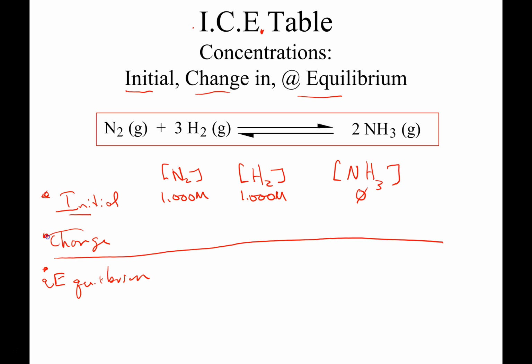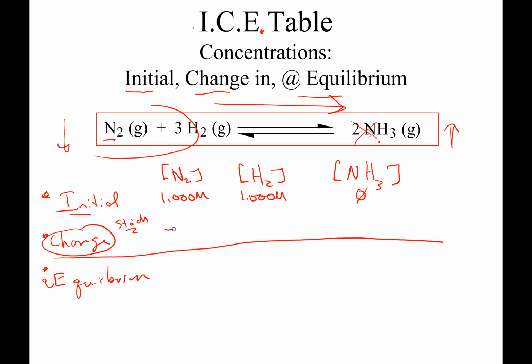The change would come from stoichiometry, the relative change. Now, here's the deal. We talked about this before. Since you don't have any NH3 to start out with, you know this chemical equilibrium is going to have to go from left to right. These are going to decrease in concentration, and this is going to increase in concentration to reach equilibrium.